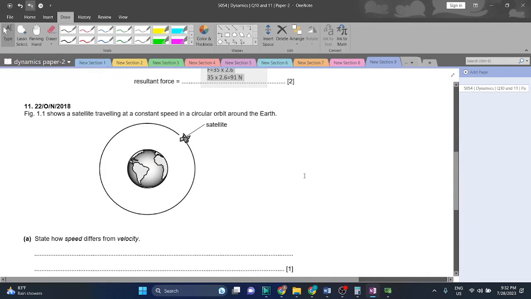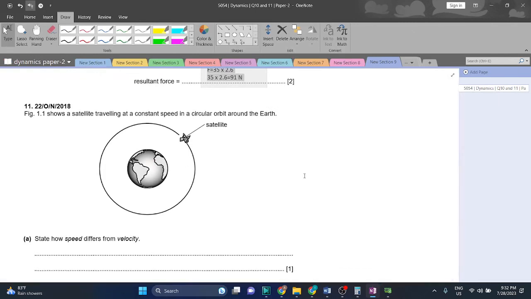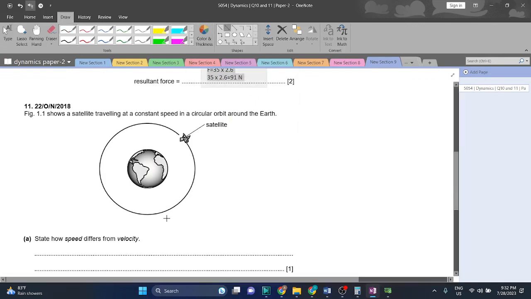Yes. Question 11. Figure 1.1 shows a satellite traveling at a constant speed in a circular orbit around the Earth. Circular orbit means it is experiencing centripetal force. And in centripetal force, the force always acts towards the center of the object it is moving around.